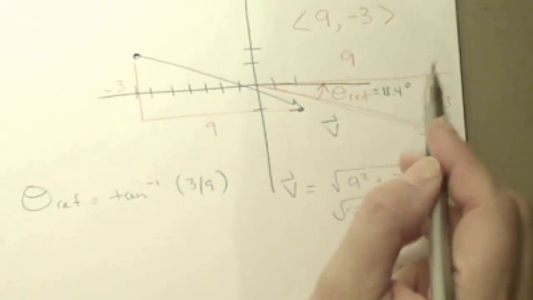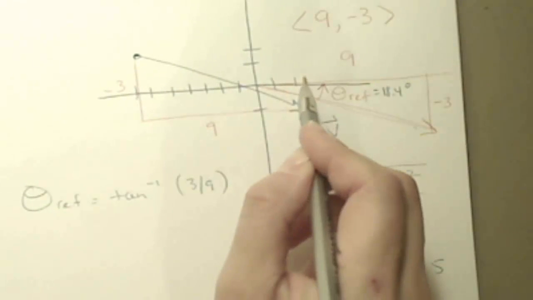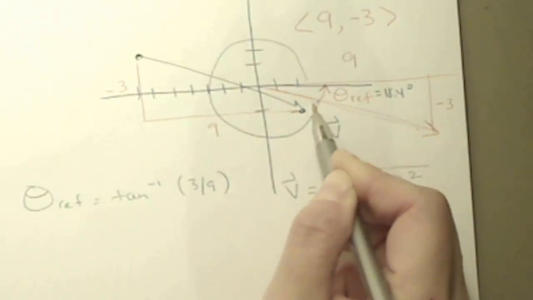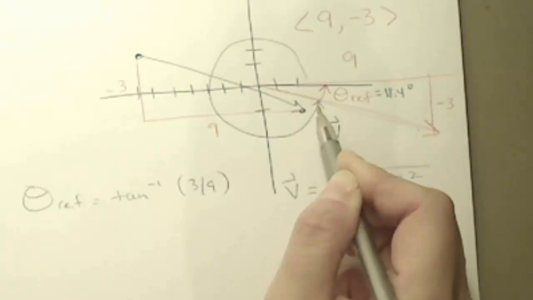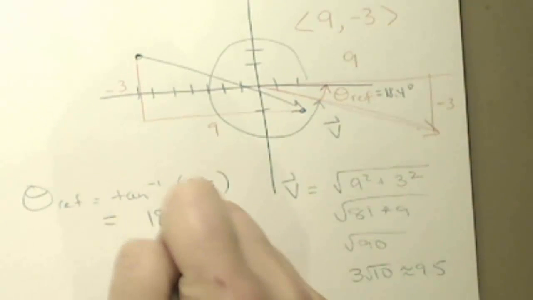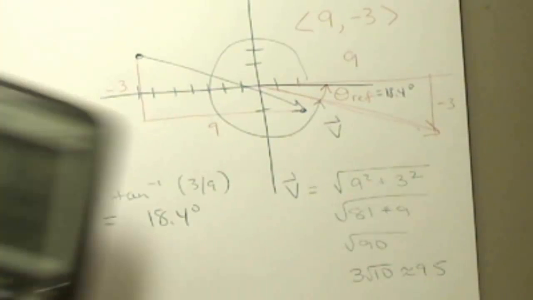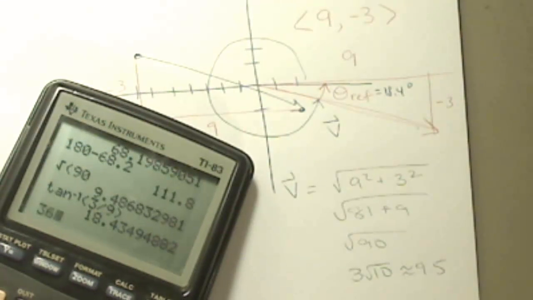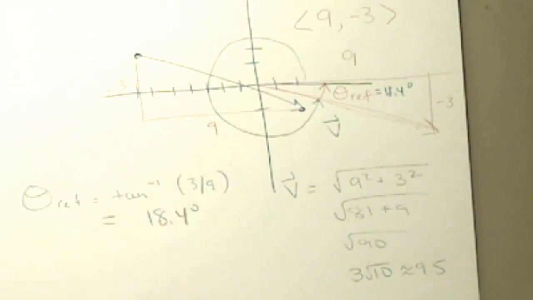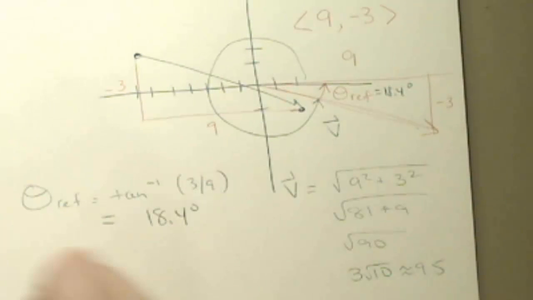If we go from the positive x-axis, okay, we're talking about going 90, 180, 270, and a bunch more, almost all the way around a full circle, minus 18.4 degrees, which means I can take 360 and subtract 18.4 degrees, which means the angle is 341.6 degrees.